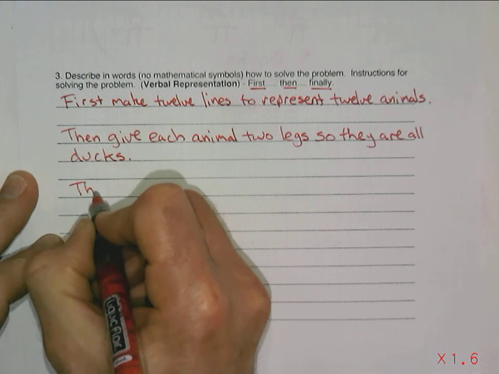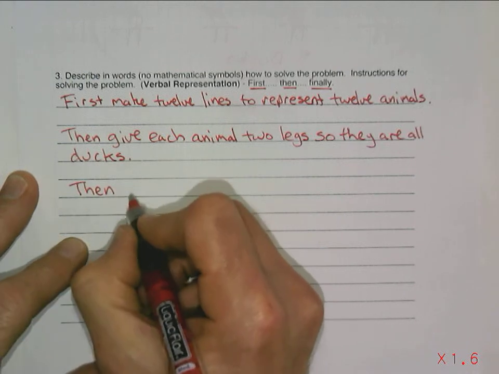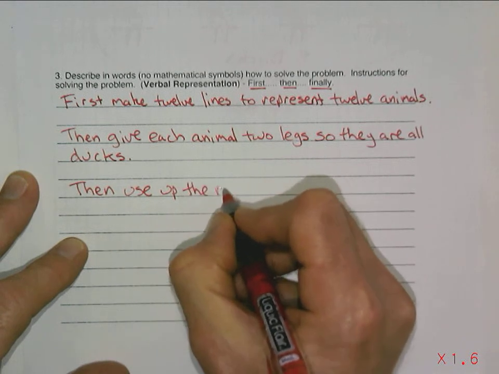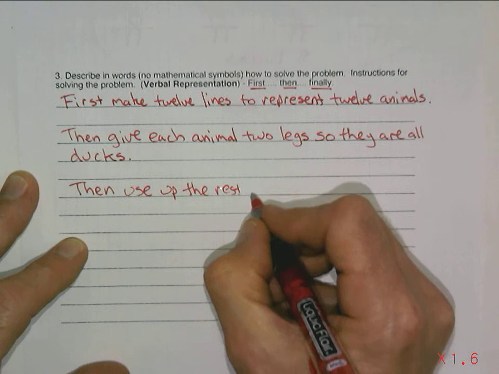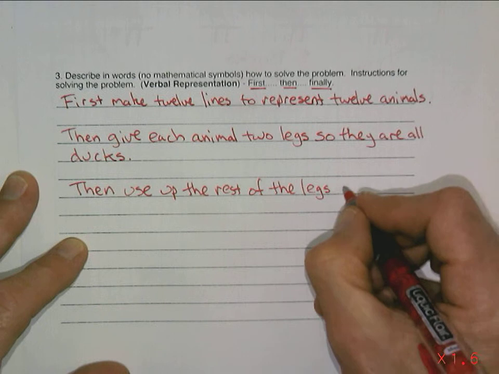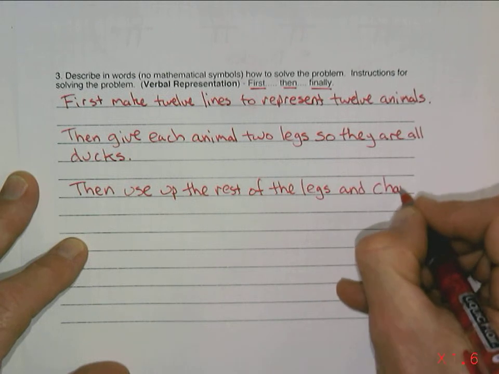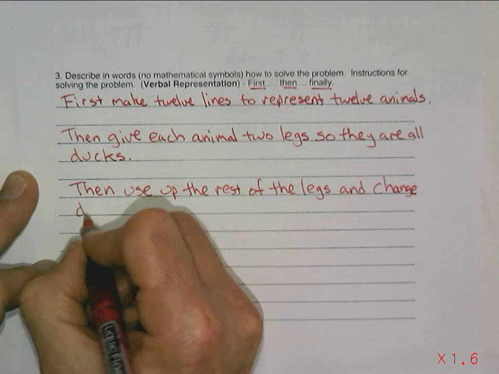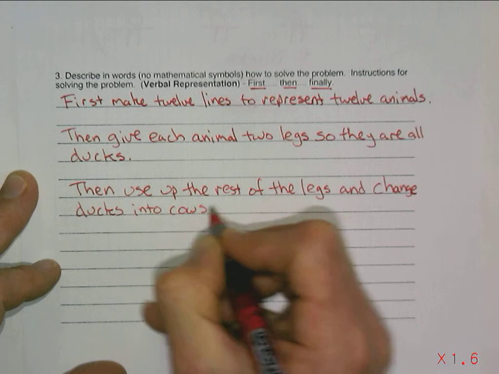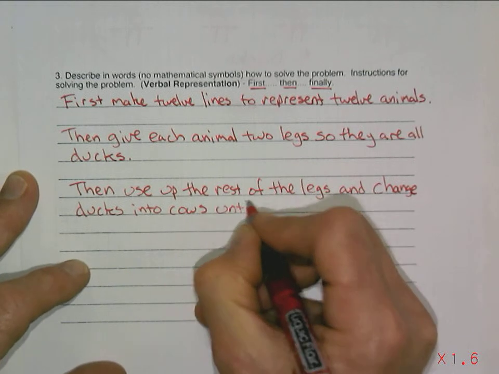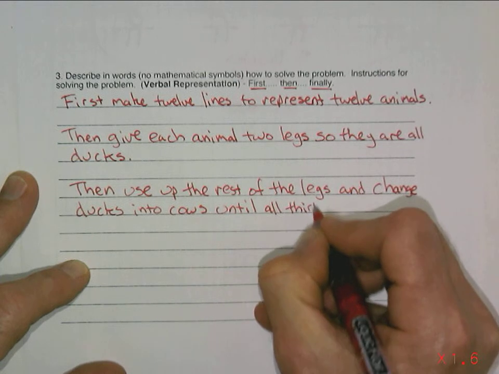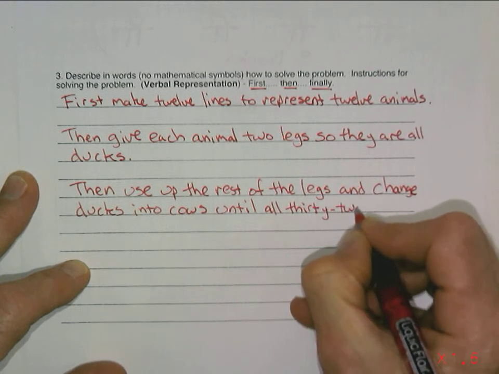So the next thing I'm going to do is then use up the rest of the legs and change ducks into cows, until all 32 legs are used.